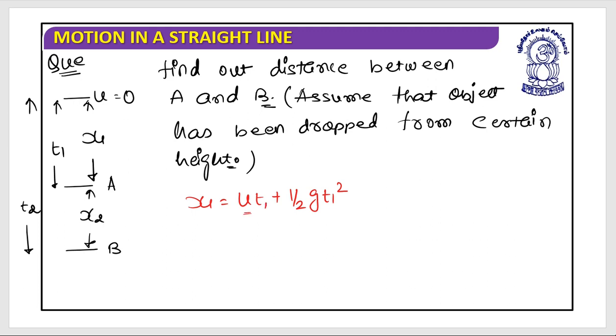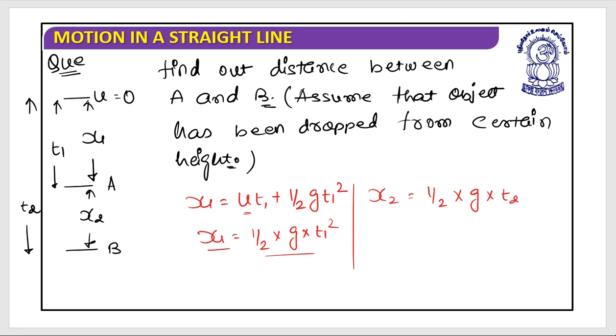As u is 0, x1 should be equal to half into g into t1 square. Now what can I write for x2? It is the same thing, half into g into t2 square, because my u is 0.